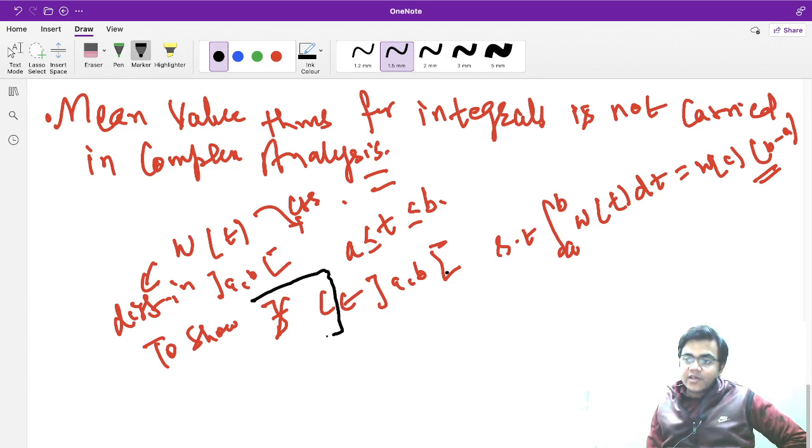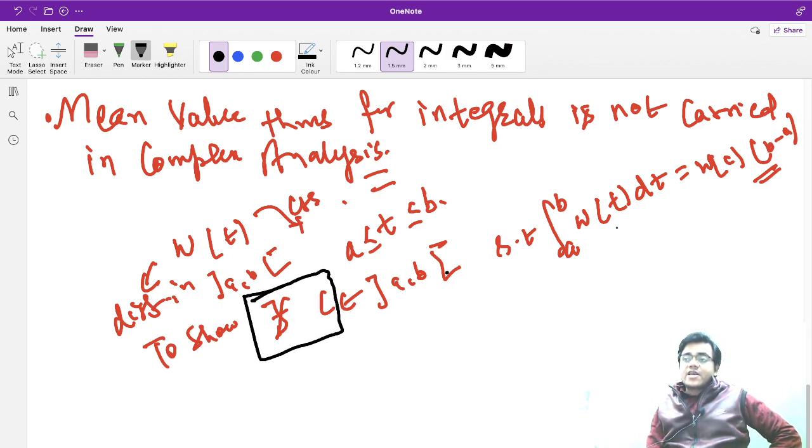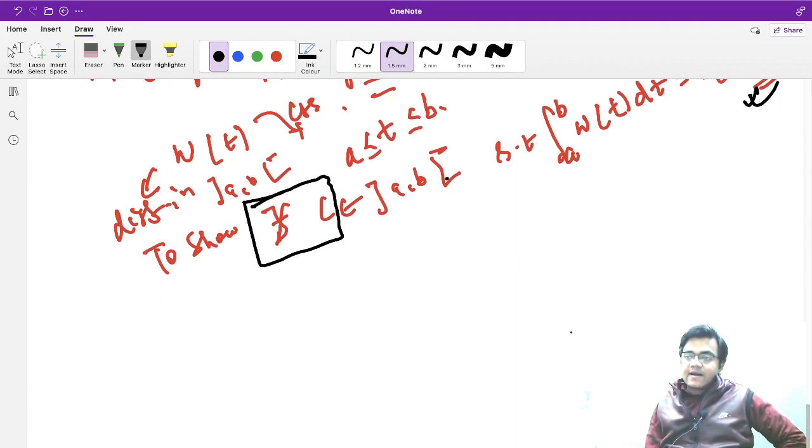There does not exist any C such that this happens, because if this happens then we will say that the mean value theorem is well and good, but here this is not going to happen, and for this we need to take an example.